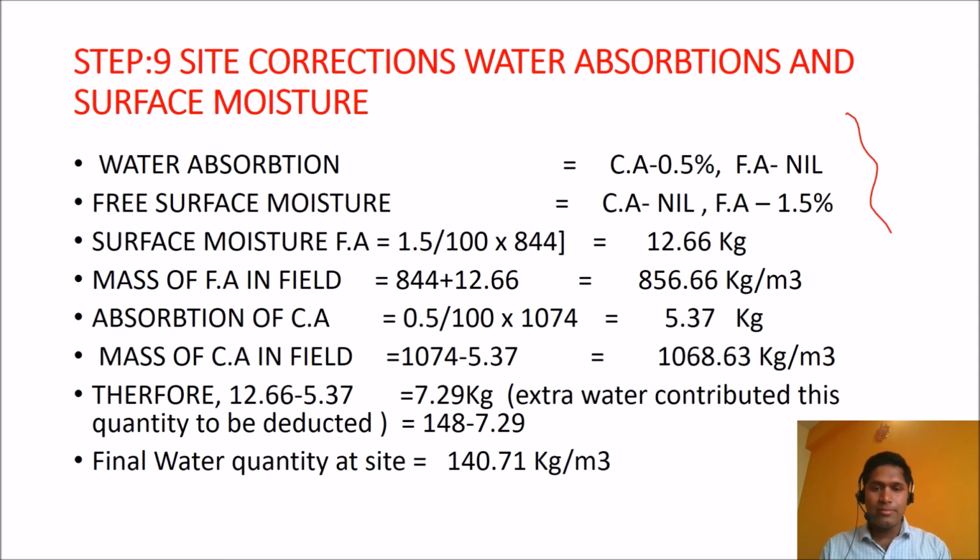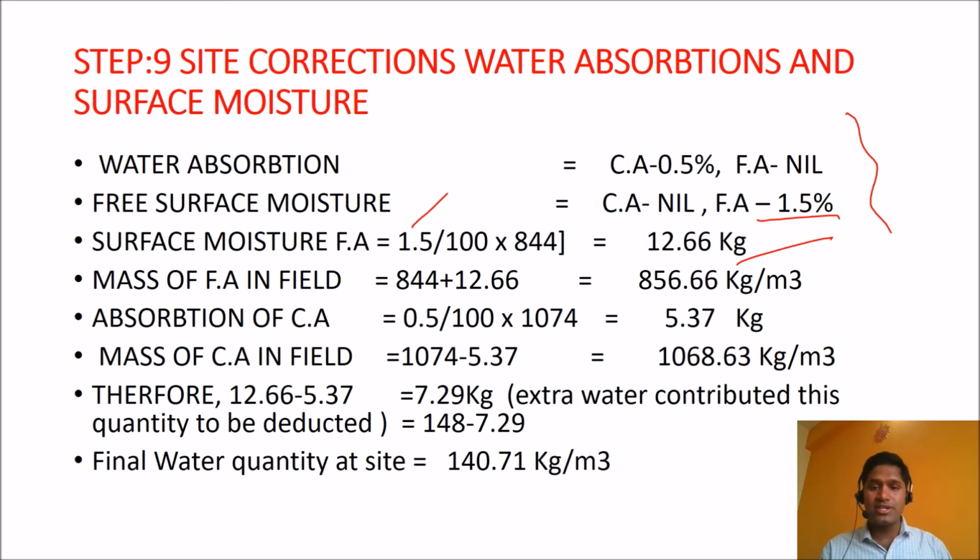In these conditions, surface moisture for fine aggregate is 1.5%. So 1.5% of 844 means 12.66 kg is the water present in the 844 kg. That much water is contributed by the fine aggregate.